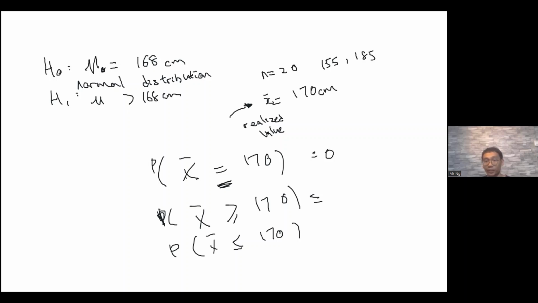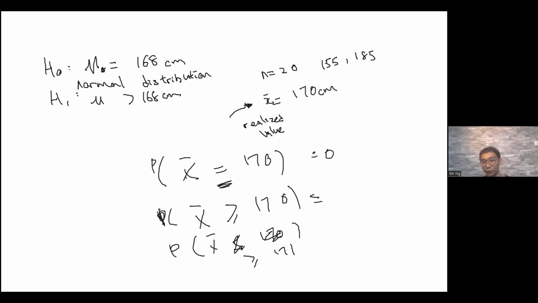Let me explain. You need some form of measure that is coherent with the different sets of realized value. You may have another set of value that is 171. And for 171, naturally the probability needs to be lesser. That's why we need to use this sign.